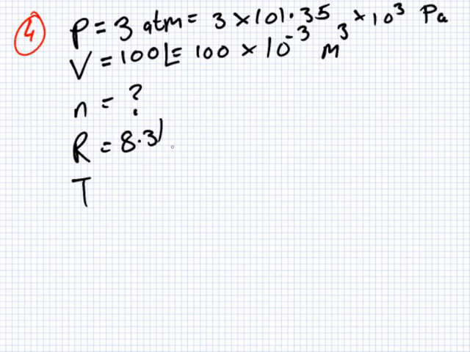Minus? Oh, 3. Yeah, you put minus? Oh my goodness. Okay. And what's the temperature? 20 Celsius, which is 293 Kelvin, is it? Is it 293? My goodness, I'm so tired. 293.15. Yeah.